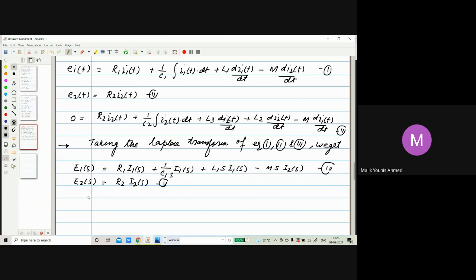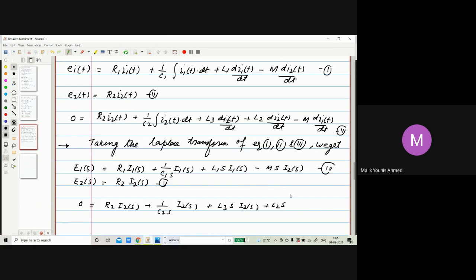Okay, last equation, 0 should be equal to R2 I2 of s plus 1 by C2 s I2 of s plus L3 s I2 of s plus L2 s.